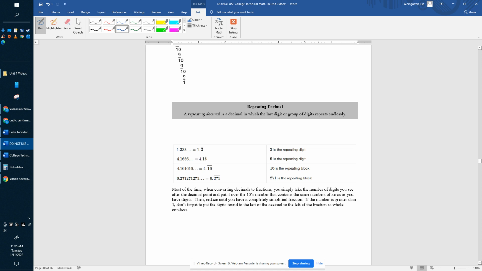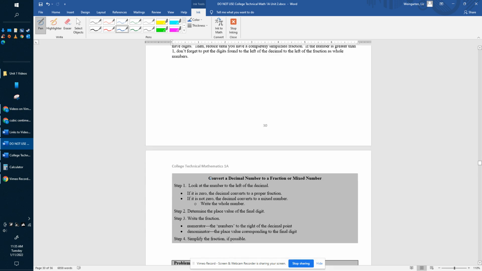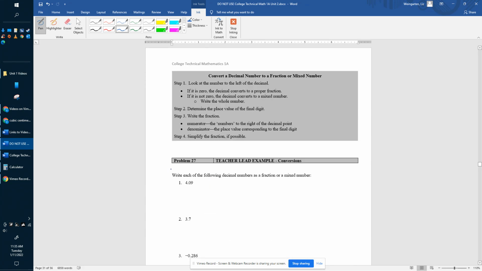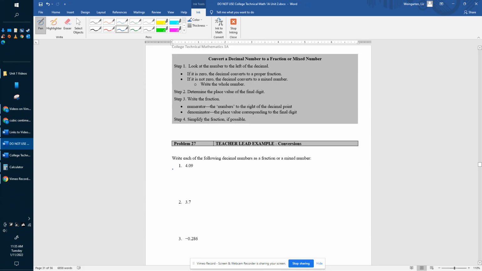There have been known to have thousands of digits repeating. Just know that however digits are repeating, that's where the line goes. So 271 is repeating in this one. So 271, all 3 digits have the line above it to show that they are repeating. So that's just an FYI.